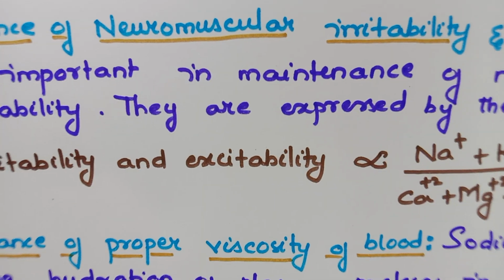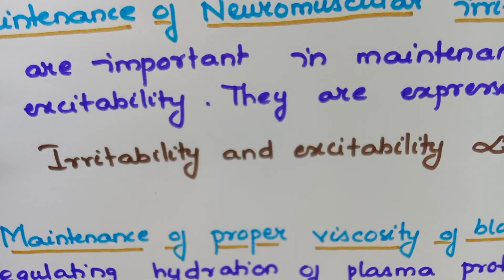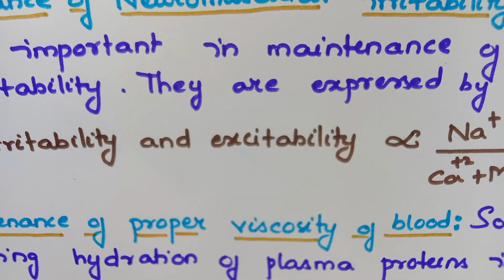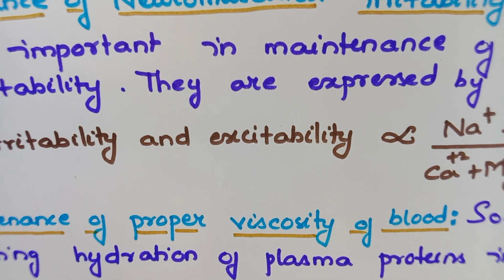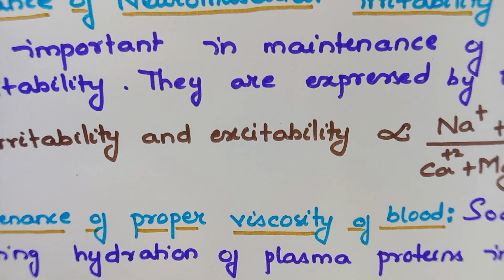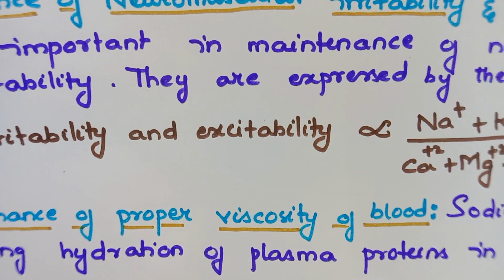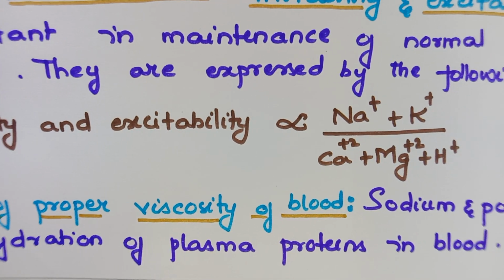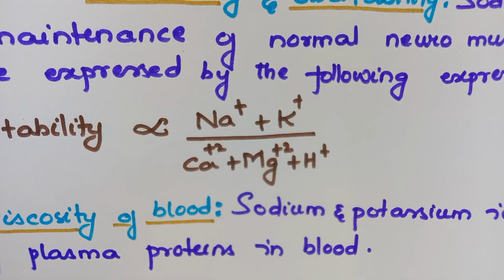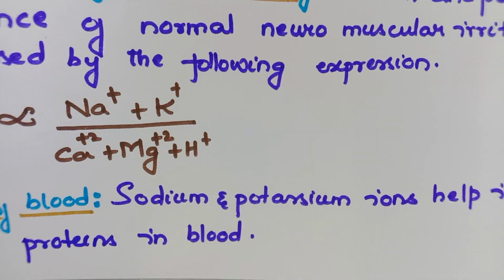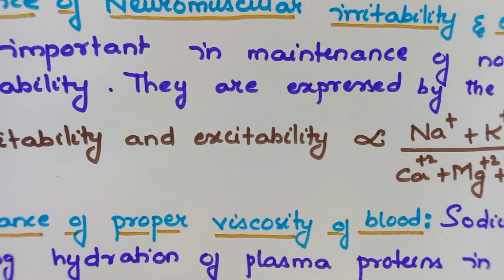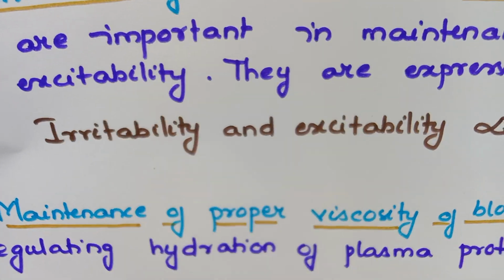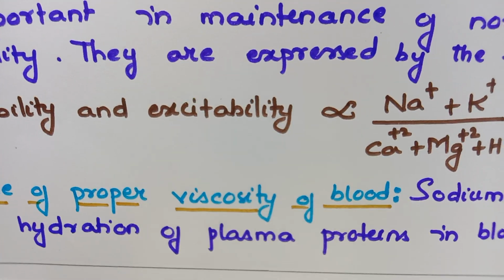Next, E. Fifth function, maintenance of proper viscosity of blood. So these are all to be maintained, students. For this, what is required? Sodium and potassium ions help in regulating the hydration of plasma proteins in blood.